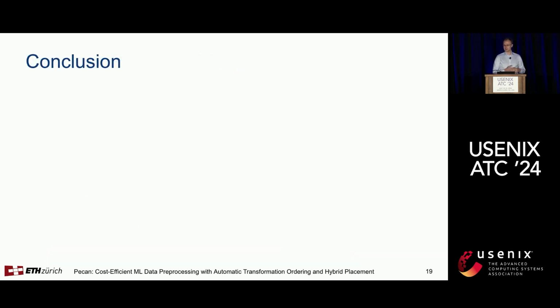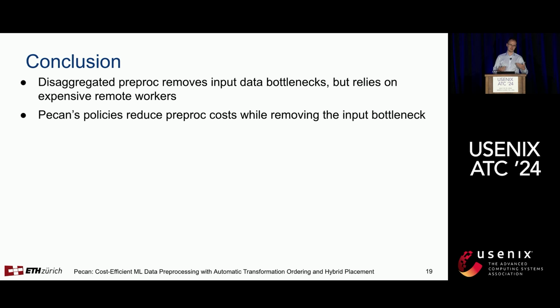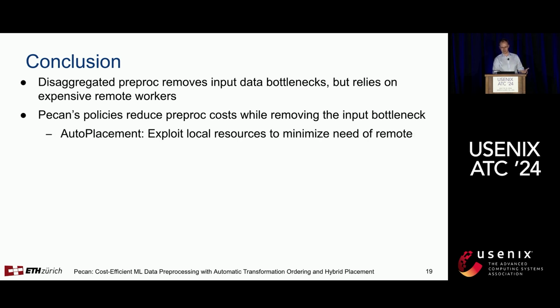So let me conclude by reiterating the most important points. A disaggregated preprocessing setup removes the input pipeline bottlenecks, but we still have this non-negligible cost of the remote workers. And this is something that we need to optimize. And for this, Pecan presents 2 policies, each of which collaboratively help reduce the end-to-end cost.